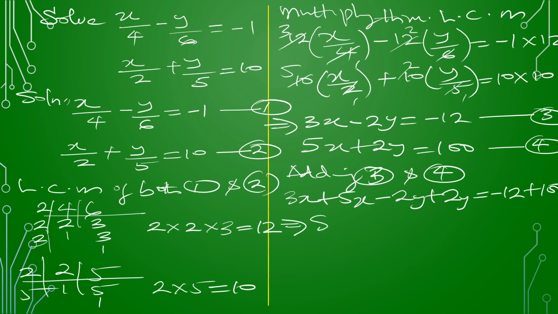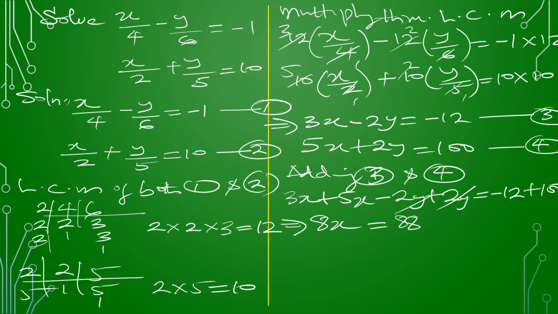We now have 8x. These two will cancel out, which is now equal to 100 minus 12, which gives us 88.